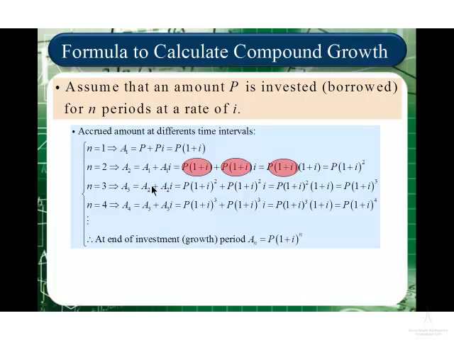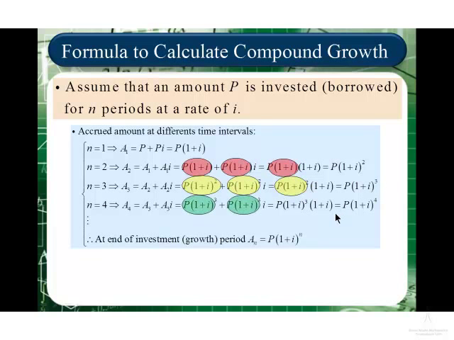If we substitute the formula P times (1 plus I) squared in the place of A sub 2, we see that we generate another common factor. In this case, P times (1 plus I) all squared is a common factor, and the 1 plus I again gives us 1 plus I with its exponent raised by 1, from a 2 to a 3, as indicated on the screen.